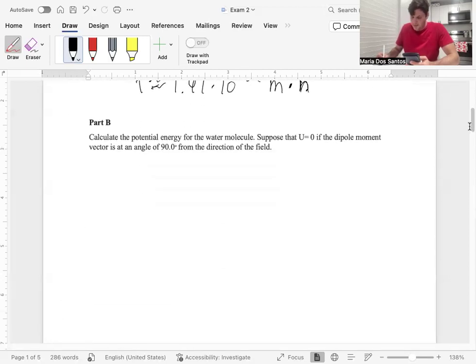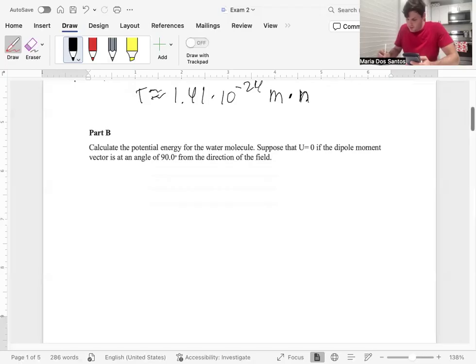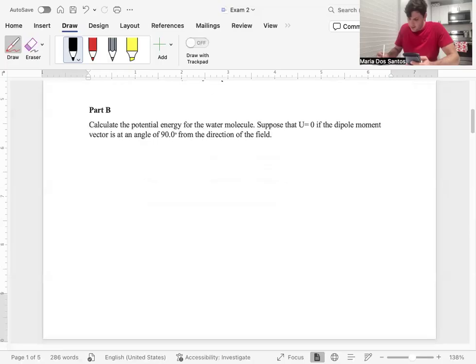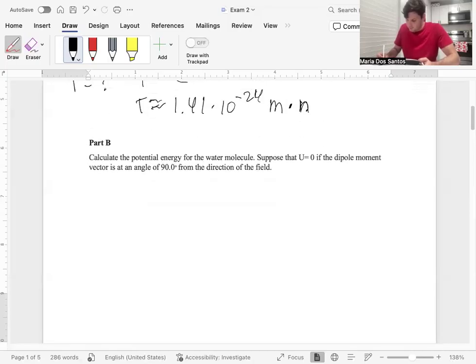Part B. Calculate the potential energy for the water molecule. Suppose that U equals 0 if the dipole moment vector is at an angle of 90 degrees from the direction of the field. Okay, we need to find potential energy.